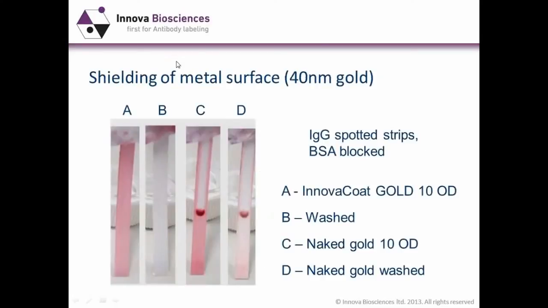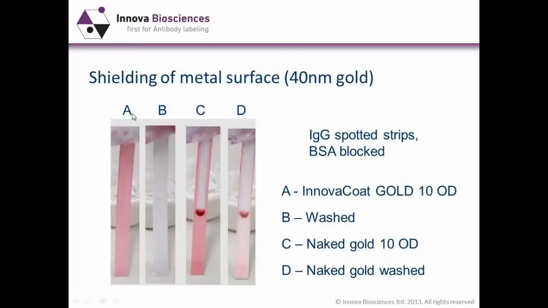This is another way of illustrating that the gold particle is completely shielded from the external environment. So we have here 40 nanometer gold, and we've got one lateral flow strip which has been spotted with IgG. Obviously ordinarily you can't see the spot.